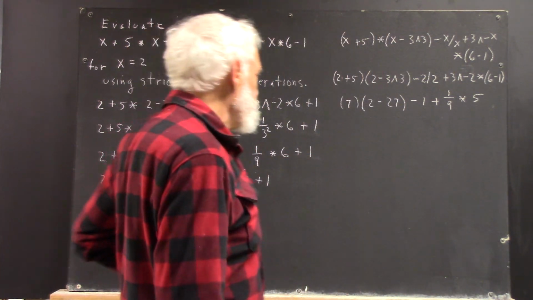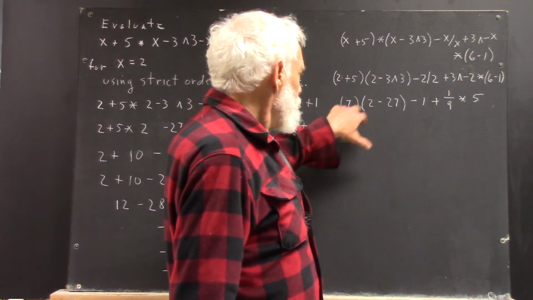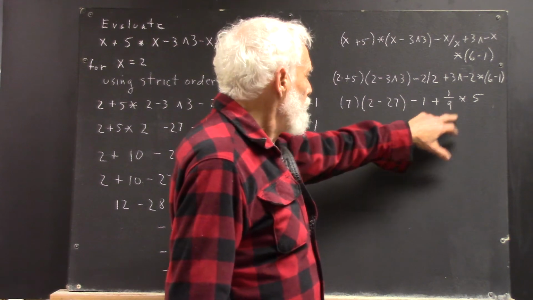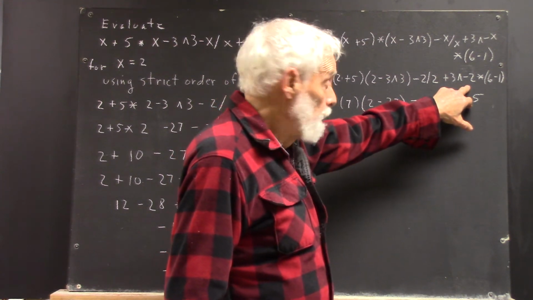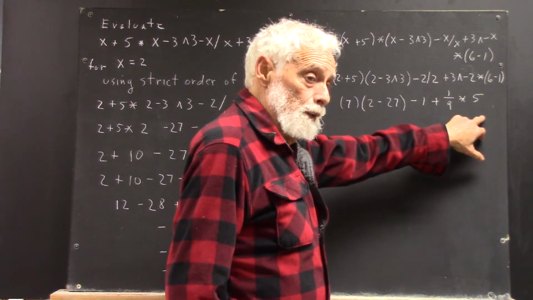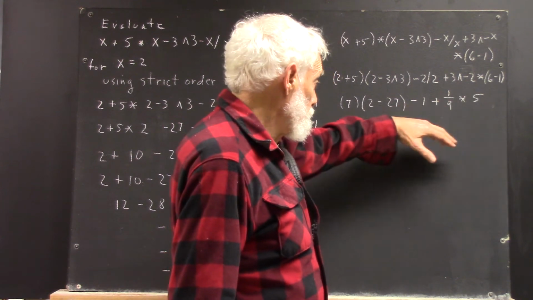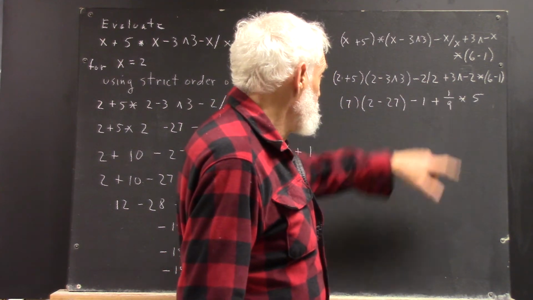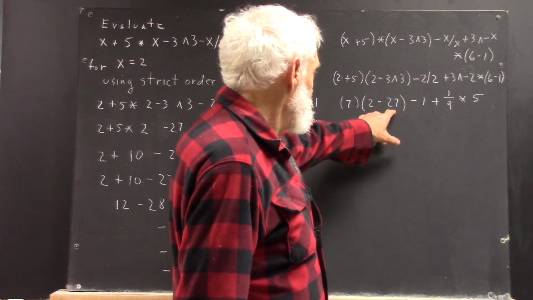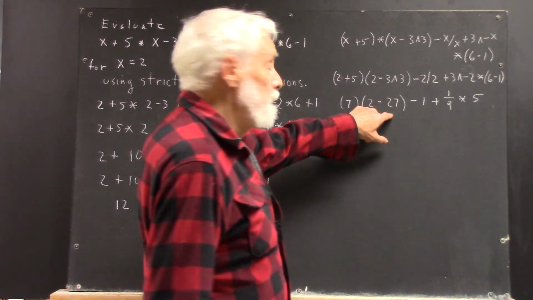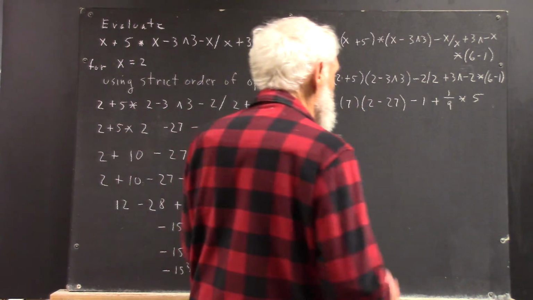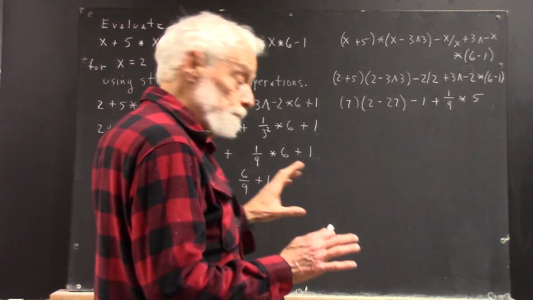Now I've kind of mixed things up a little bit. I evaluated inside the parentheses here, but then I went ahead and did an exponentiation over here. At the same time I did this subtraction strictly. That exponentiation should have been in another step, and this one needs to be in this step.